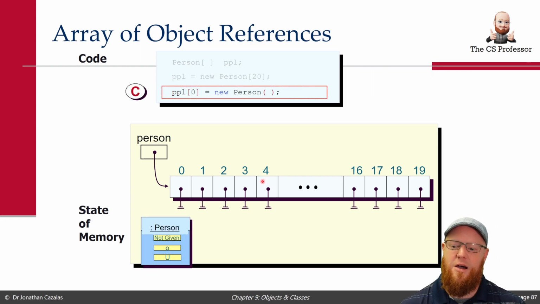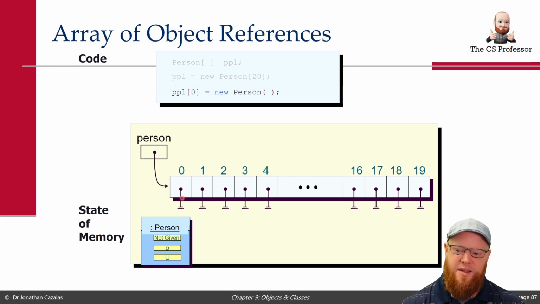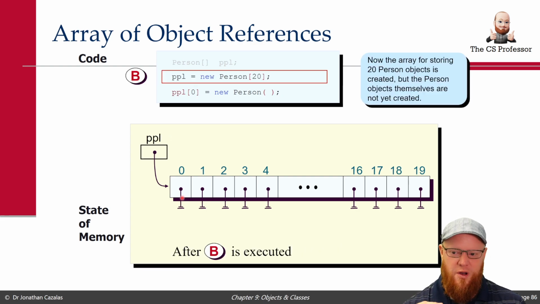But now check this out. Now I say save at index 0 a new person. Look what happens. We make a new person object and we save the address of that new person object into index 0. That's worth repeating. I'm going to back up. Here in this example, on this line, we've created a new array of size 20.